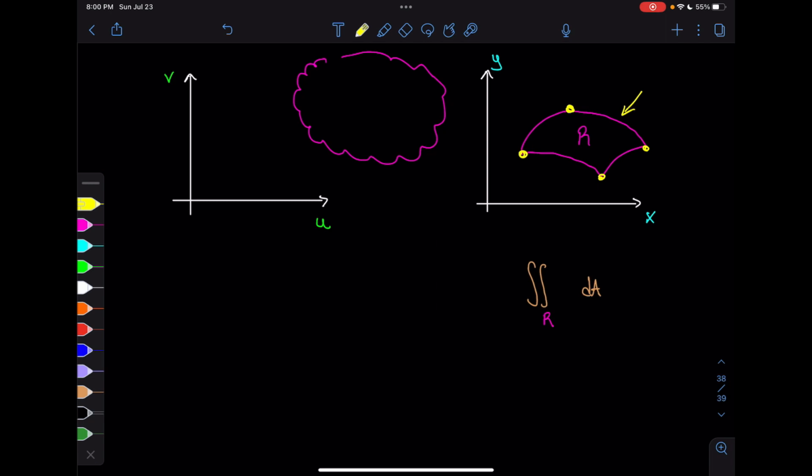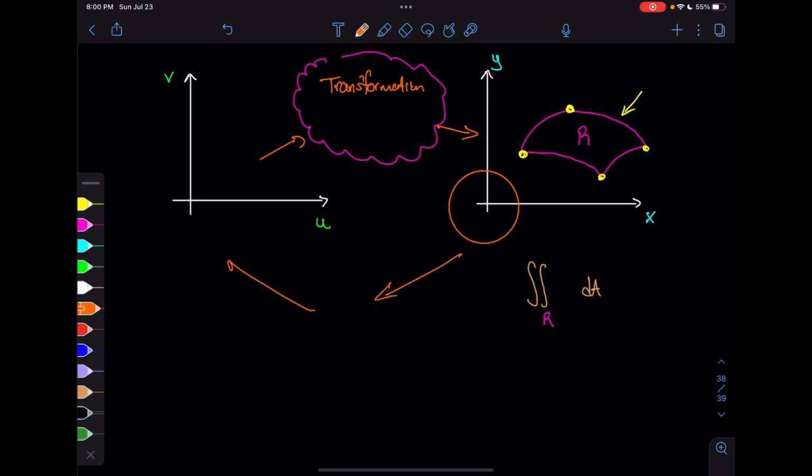And just like when we did polar, we said, hey, with circles, there's a special transformation that said, look, if you use this transformation to go from UV land into XY land, you can also use it to go backwards, and it takes a circle and turns it into a rectangle.